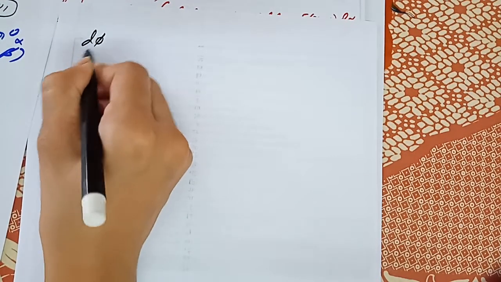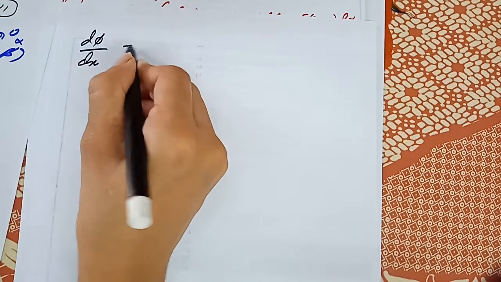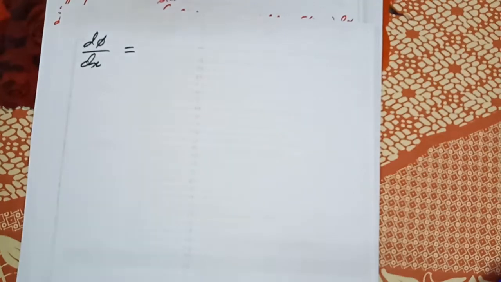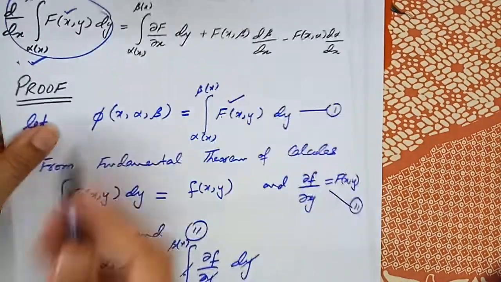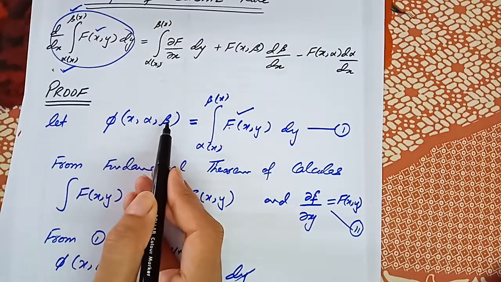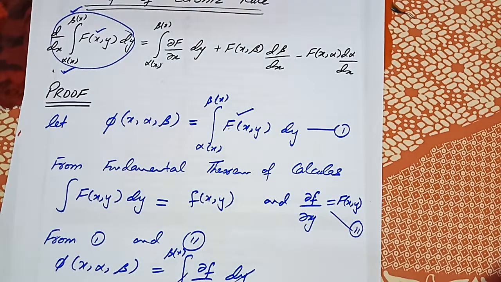Let's write it on another page. In your question you have d phi over dx. Now you know that your phi is a function of three variables, so you're going to use the chain rule here.